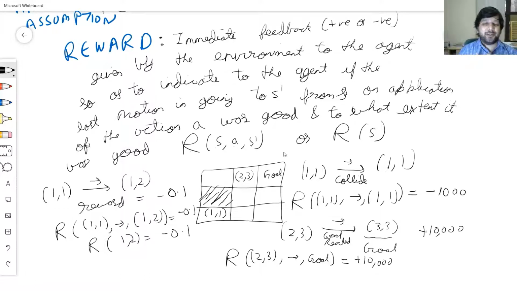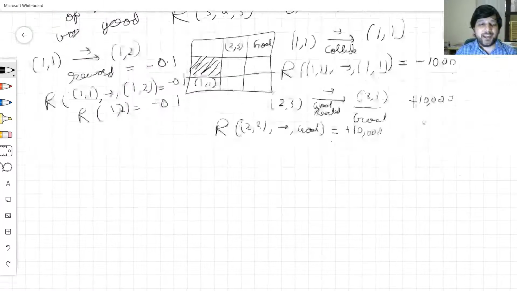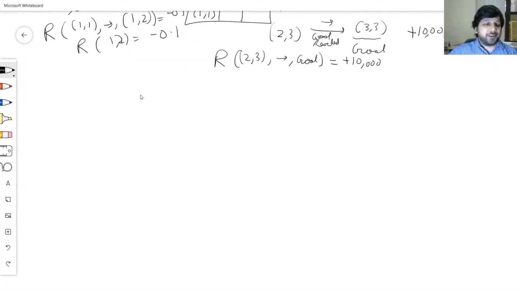And in order to do that, let us also define the third and the last, most difficult thing, which is called the utility.